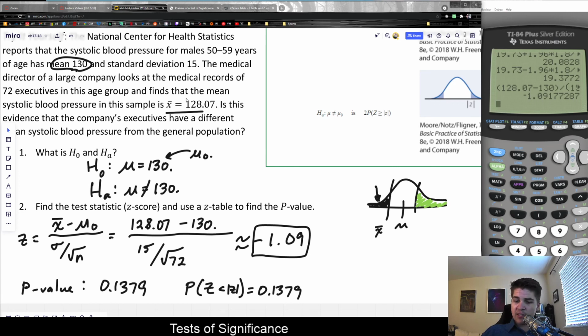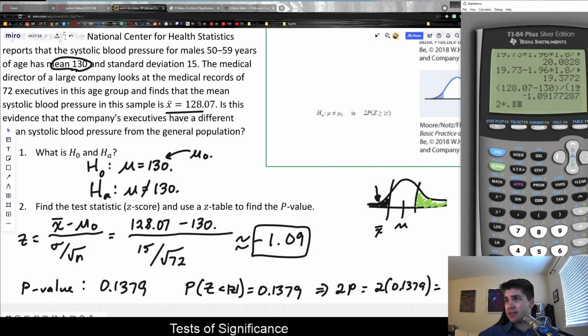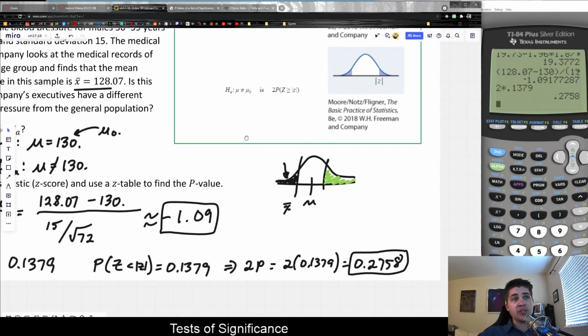If we double this value, we come up with 2 times 0.1379, and the p-value for our test would be 0.2758. This is the final answer we're looking for in terms of making the final conclusion. I'll talk more about the conclusion in the next video.